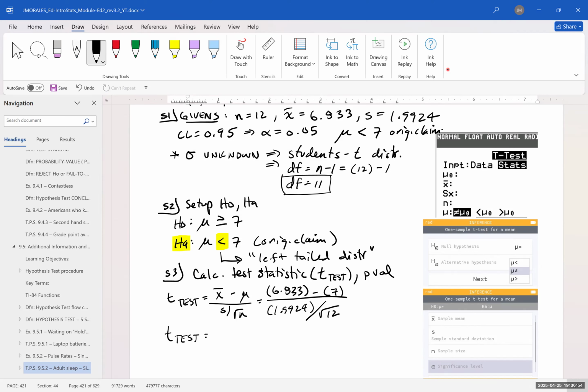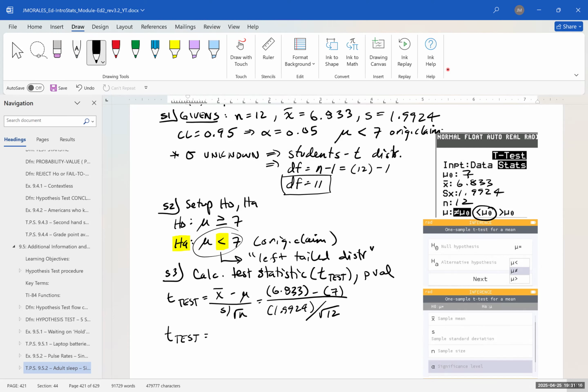So here our value is 7, sample mean of 6.833, sample standard deviation of 1.9924, sample size of 12, and our alternate hypothesis is mu less than 7.